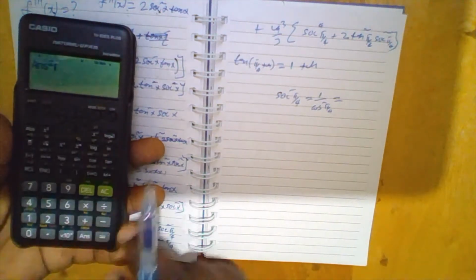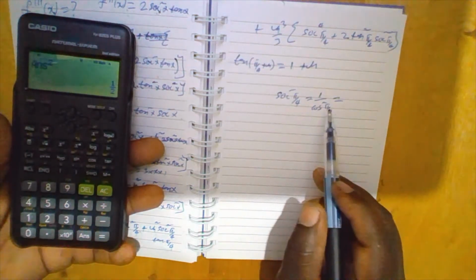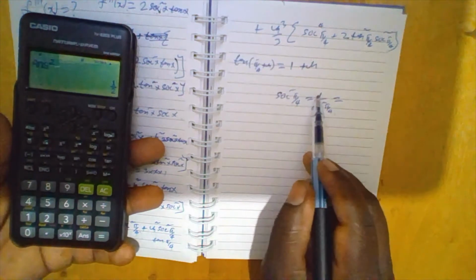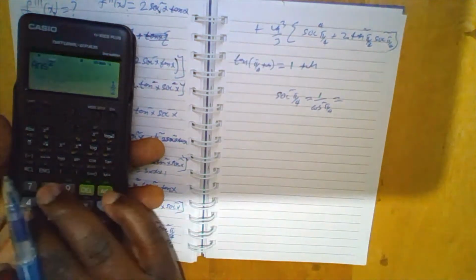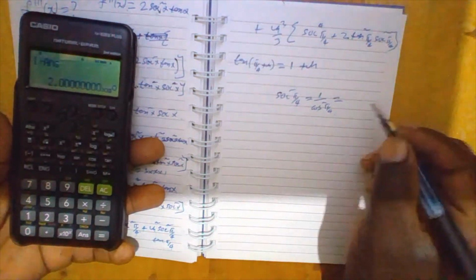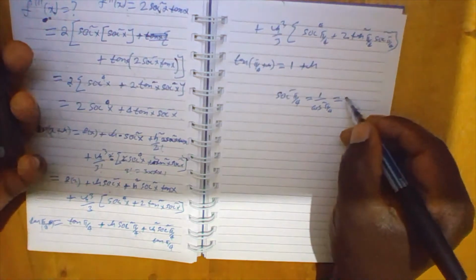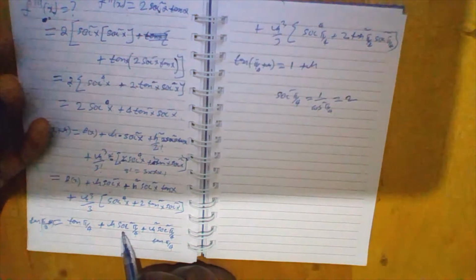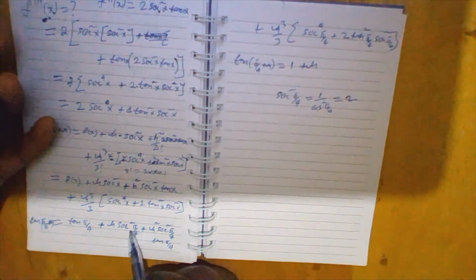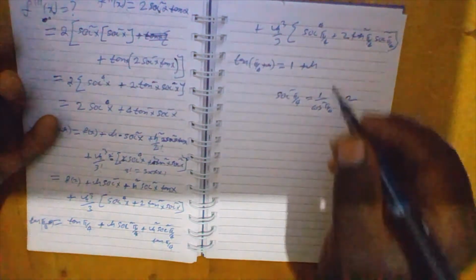We square the answer, we get 1 all over 2. So you have 1 divided by a half, so you have 1 divided by the answer, we get 2. So this one equals 2. So we are saying that sec squared of pi over 4 is the same as 2.